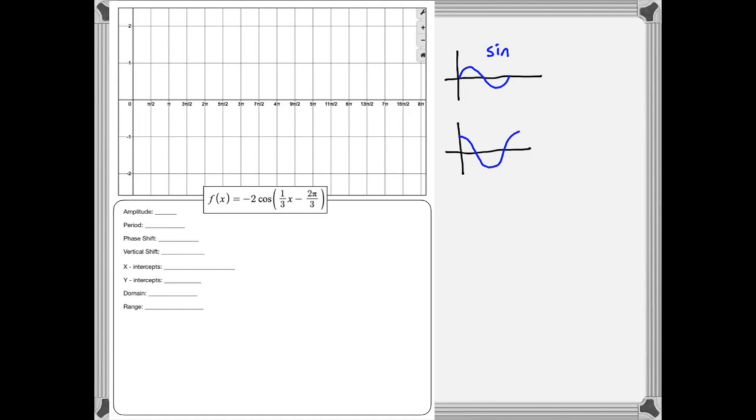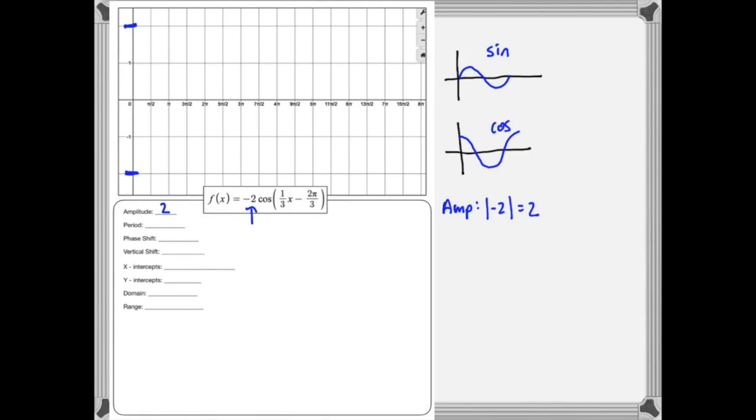And so this is how we're going to go ahead and knock these things out. Okay. So amplitude, most of it works the same way, so it's not going to be anything different. So the amplitude is the absolute value of negative 2, which is 2. And so that means it's going to be bouncing back and forth in between negative 2 and positive 2.